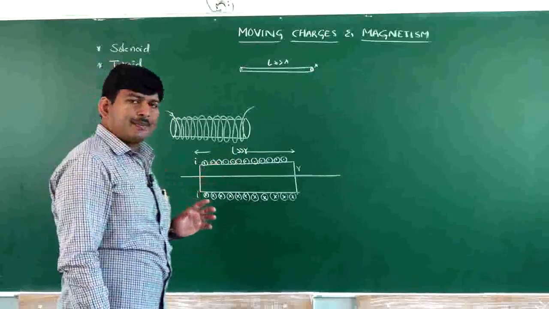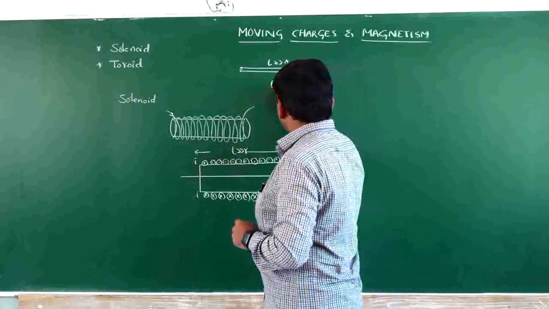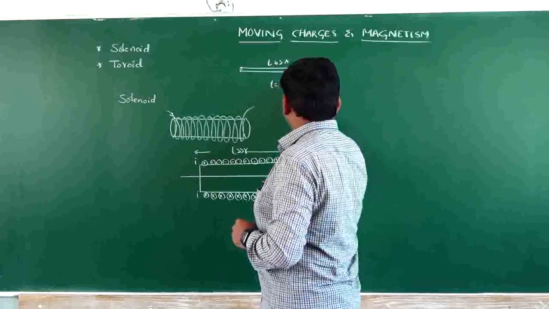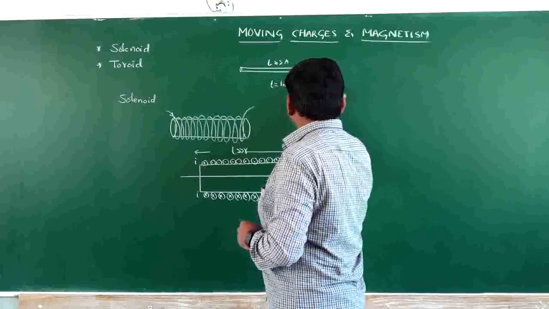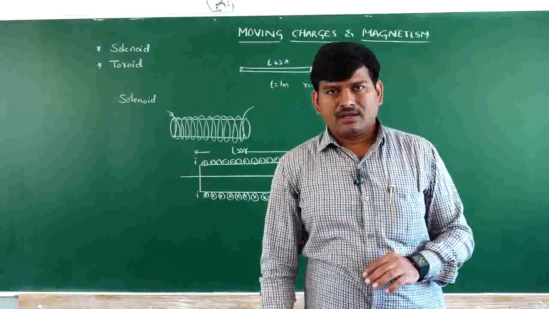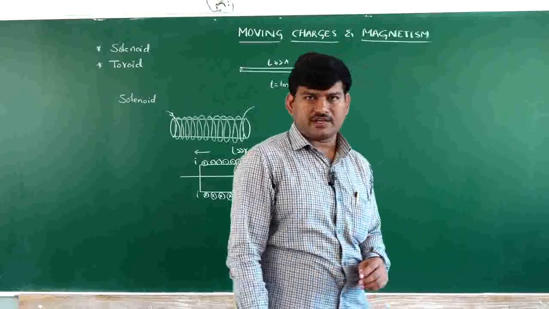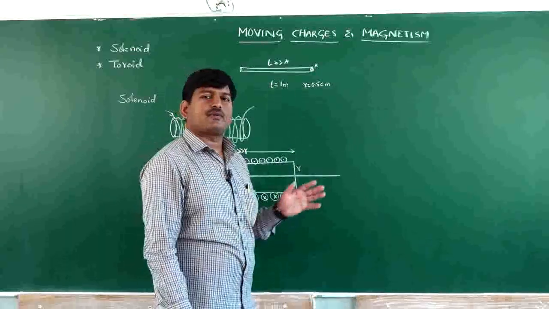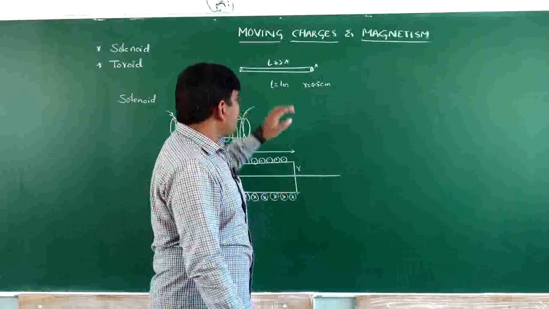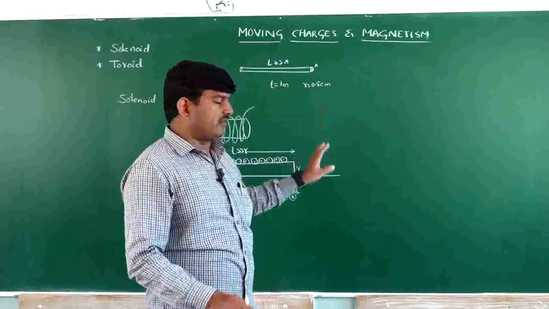As an example, if there is a solenoid of 1 meter length and radius of cross section equal to 0.5 centimeter, I can treat it to be an infinite long solenoid. Here infinite is in the sense of practical infinity, not theoretical infinity. Theoretical infinity is different from practical infinity. We are discussing only practical infinity cases here.